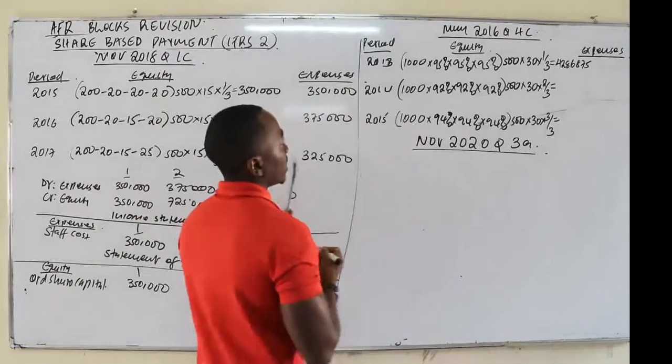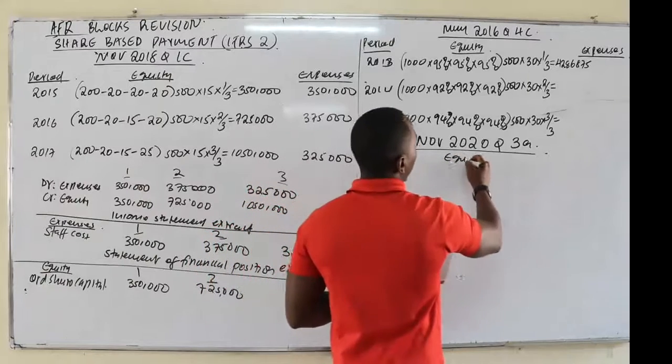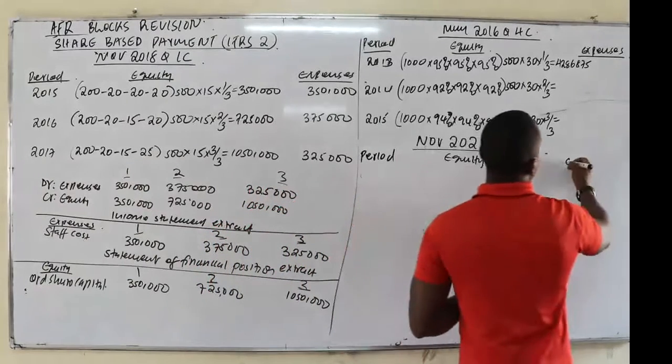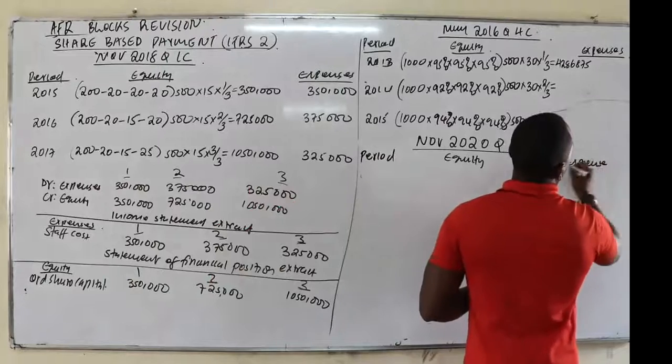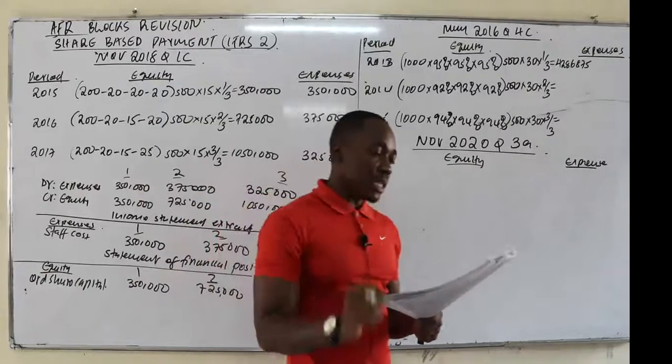So they issued shares, so it's equity settled. So it's period, equity, expenses on 1st January 2019.